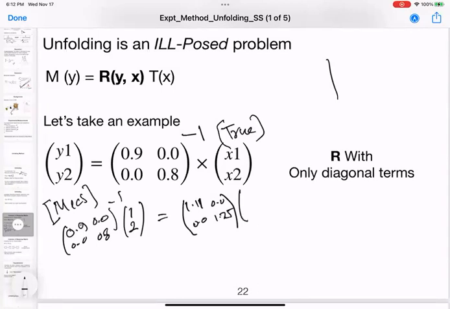So this will apply on your 1 and 2. Is anyone doing this? 1.11, 2.5.